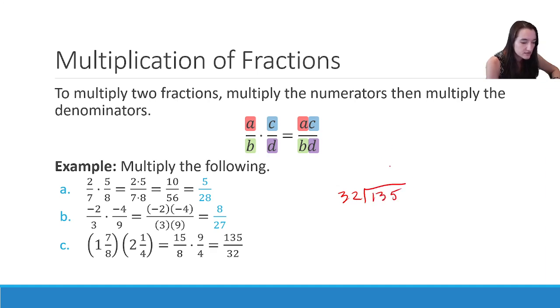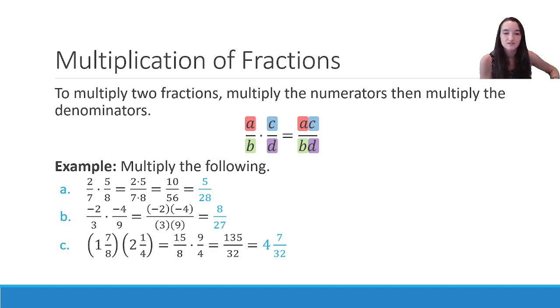I believe 4 32s go into 135. Subtract that off, and we will end up with 7, I think. So this is 4 7/32.